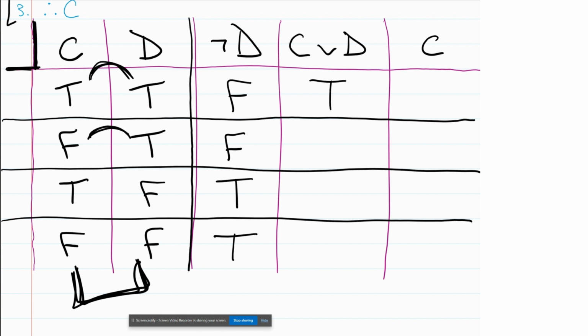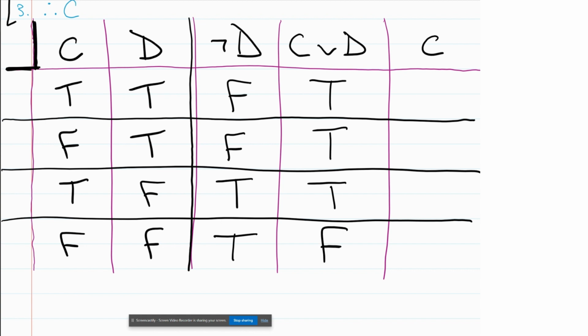In the second row, D is true, so at least one of them is true, so the disjunction's still true. Same thing goes for the third row. C is true, and so the disjunction's still true. Last but not least, we have two falses. There's no true, and so the disjunction is false. So the last row is the only place where the disjunction is false.